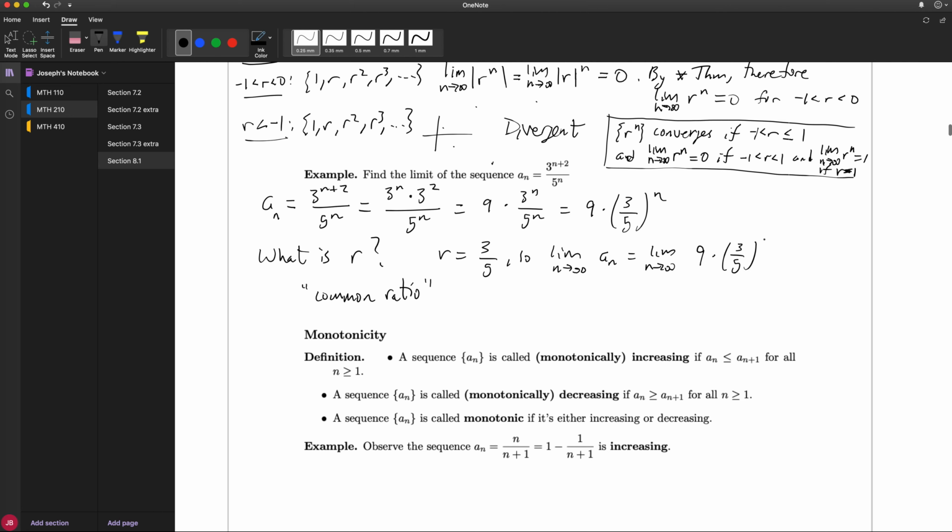Well, the 9 doesn't really affect anything because this r is strictly between -1 and 1. It's going to go to 0 as n becomes large. And so this is like 9 times 0, right? Which is just 0. And so this is a convergent, so a_n converges.